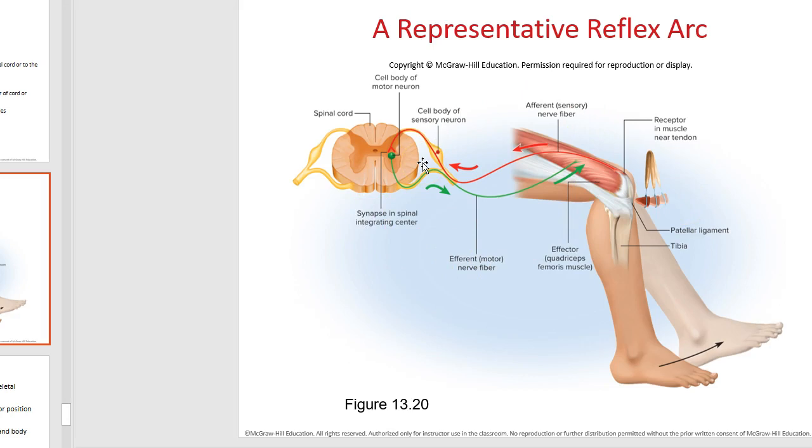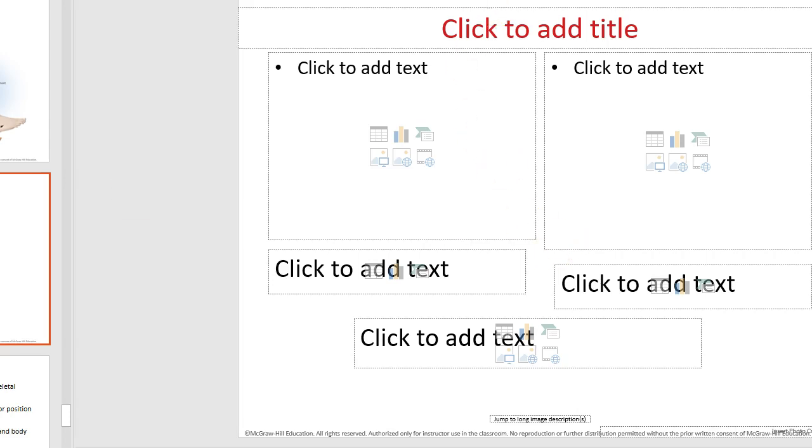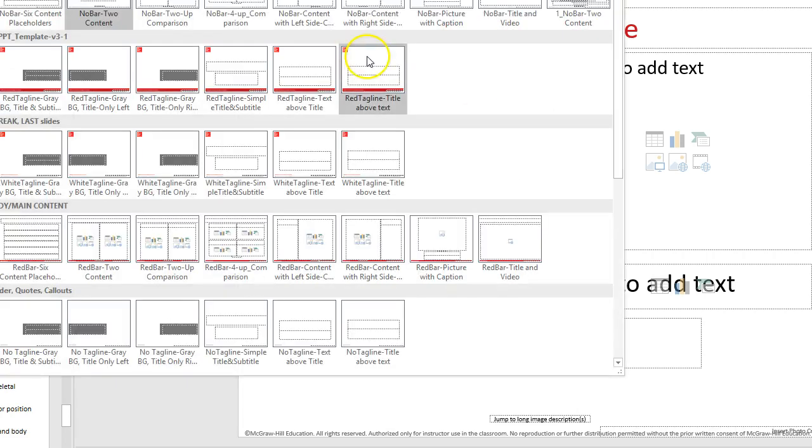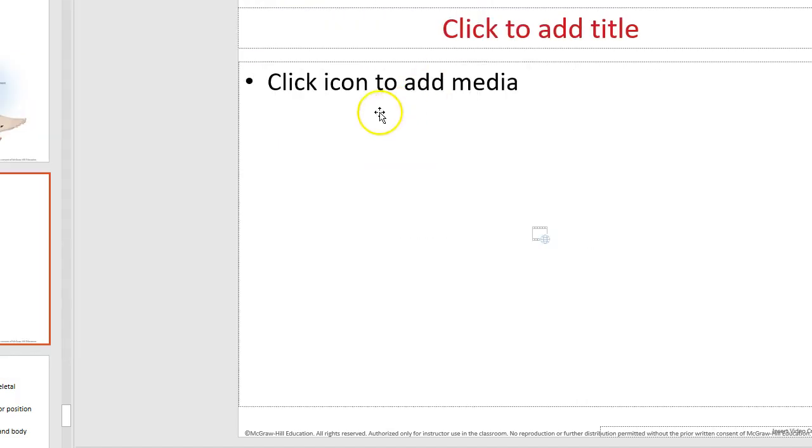If I could put that in order, it will be like this. Let's see. Layout. Let's do a plain layout. Layout.